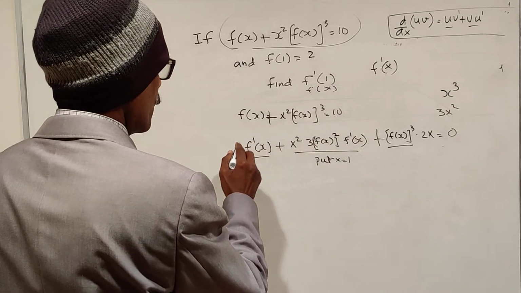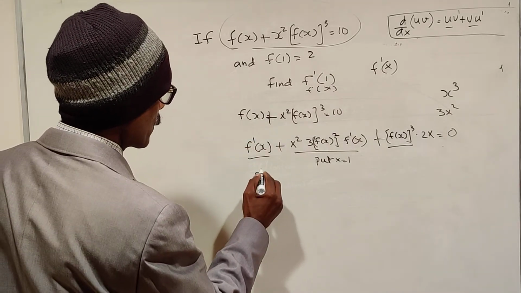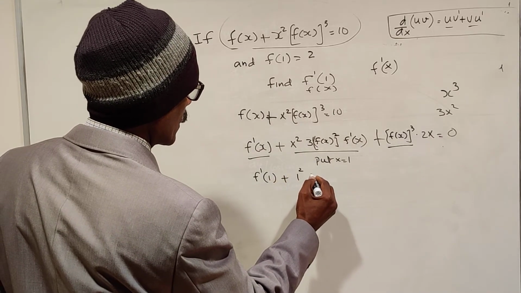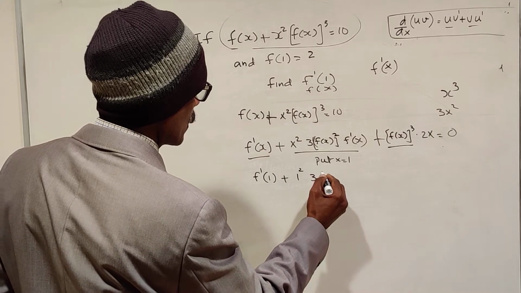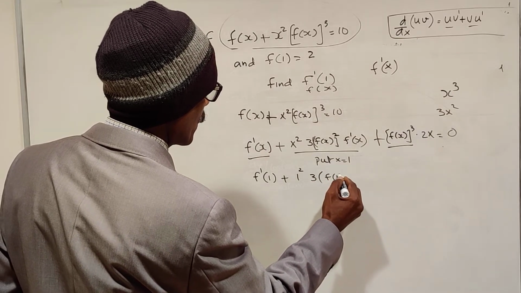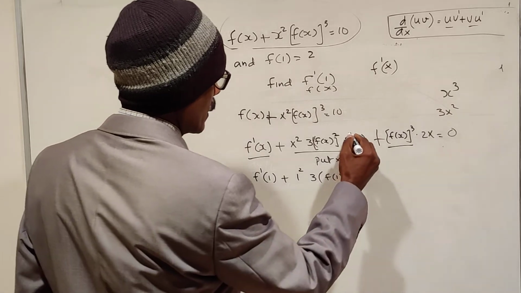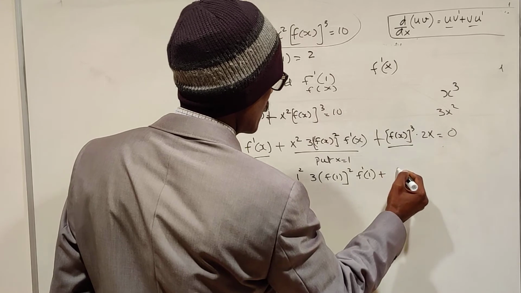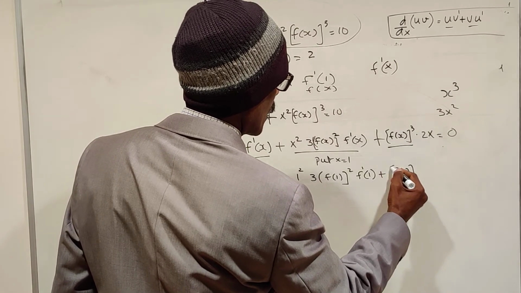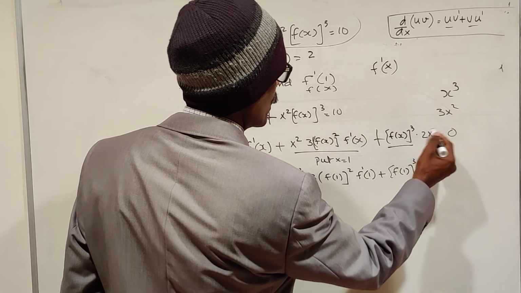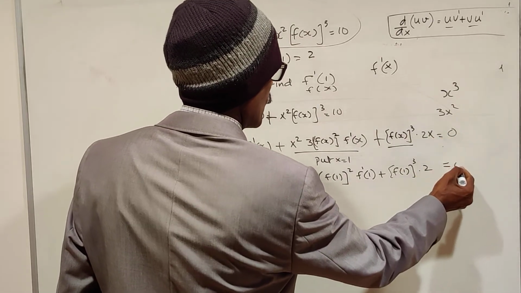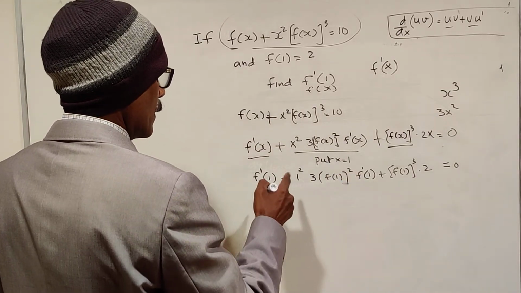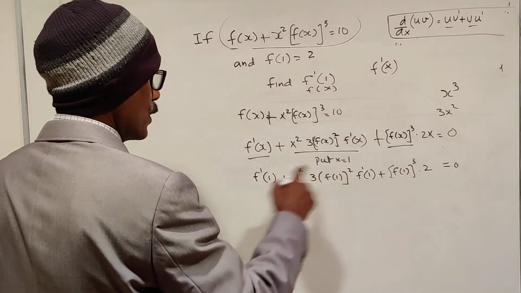So when x is equal to 1, f dash 1 plus 1 square times 3 into f(1) square, then f dash 1, plus f(1) cube times 2, 2 into 1 is 2, equals 0. From this you need to find out f dash 1.